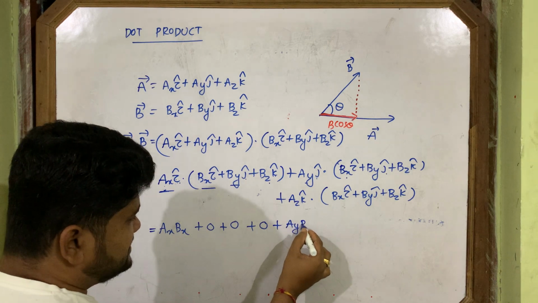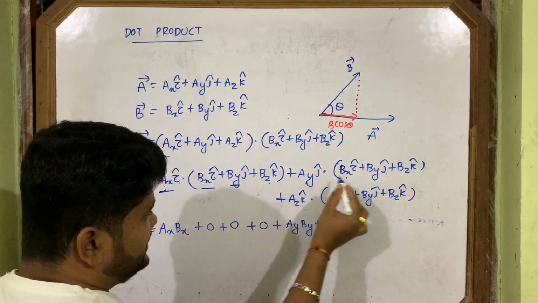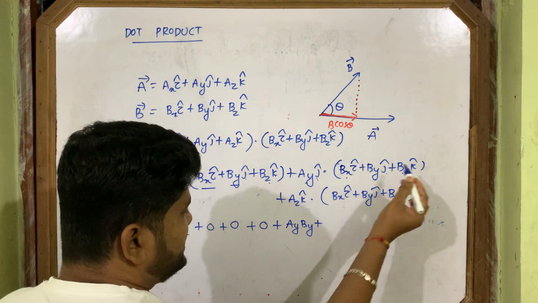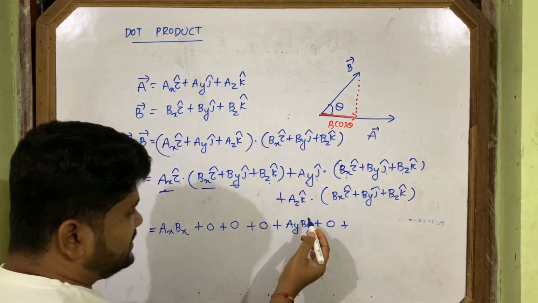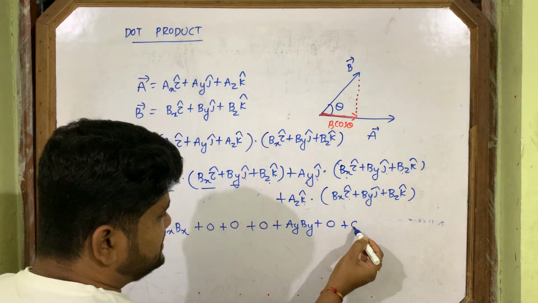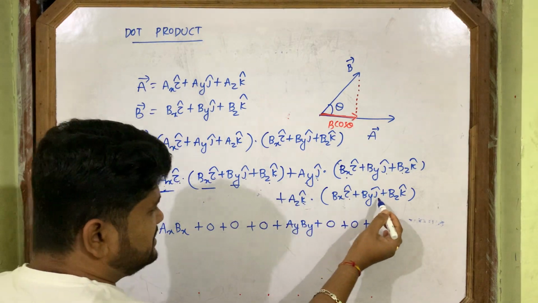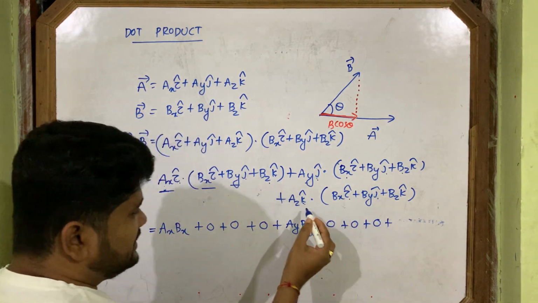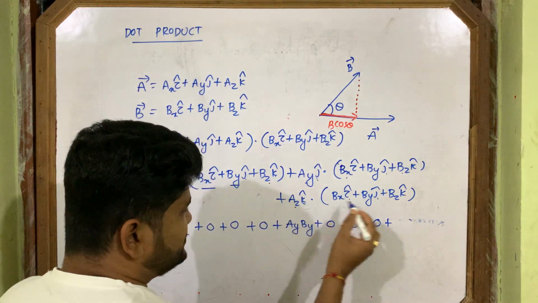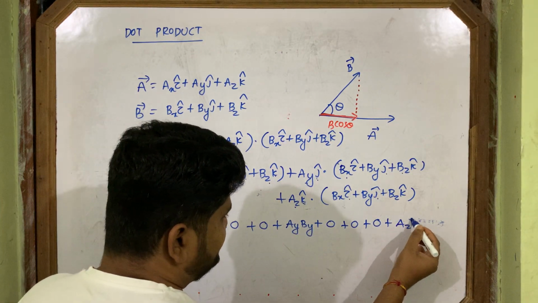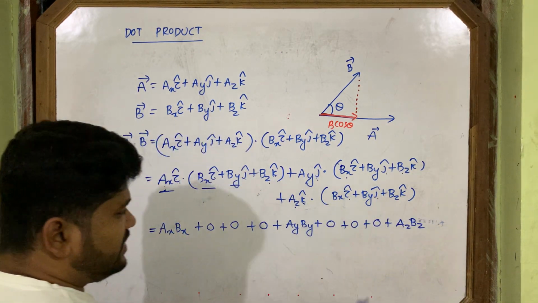Ay bz, j cap dot k cap is 0. Then k cap dot i cap is 0, k cap dot j cap is 0, then k cap dot k cap is 1, so az bz.